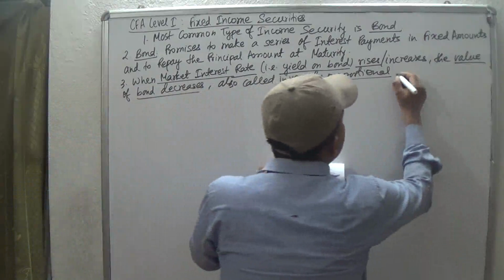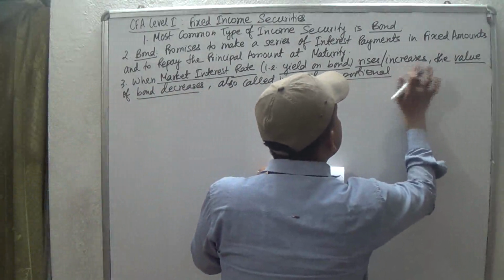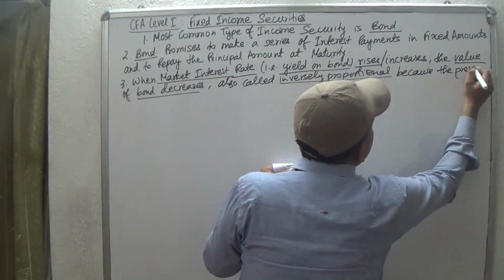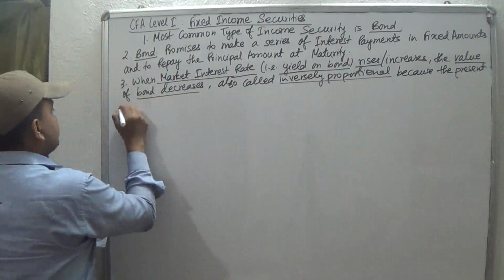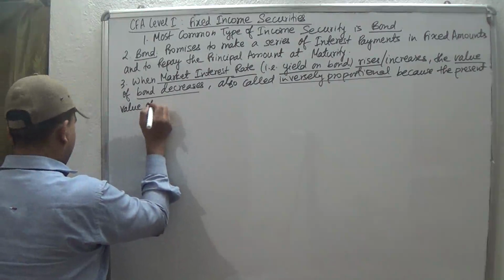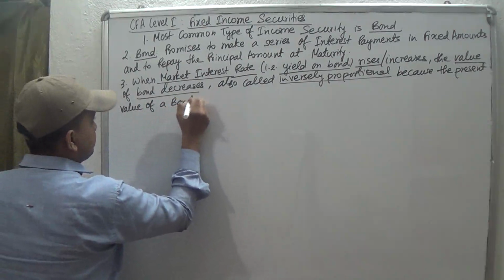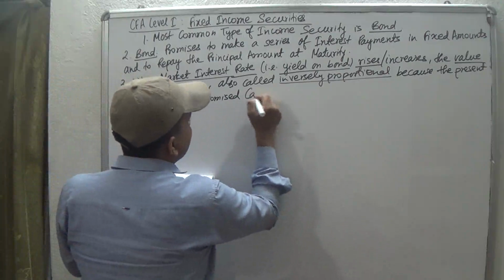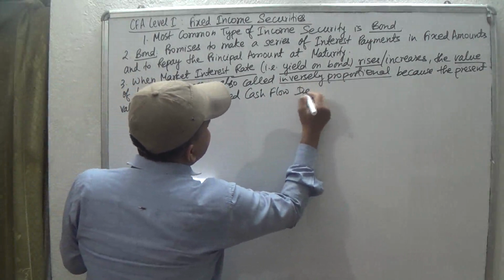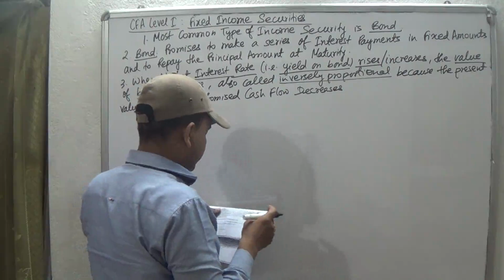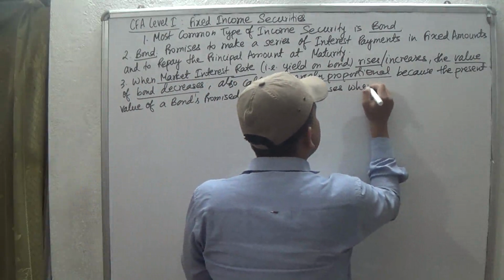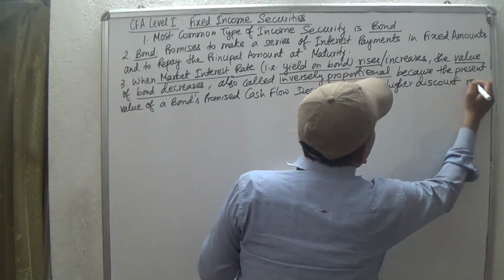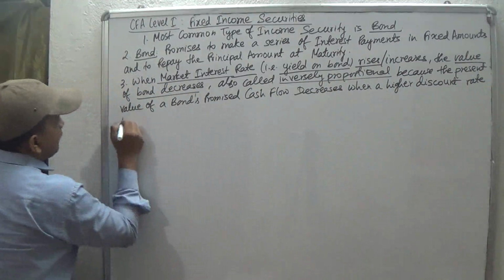And this happens because the present value of a bond's promised cash flow decreases when a higher discount rate is applied.